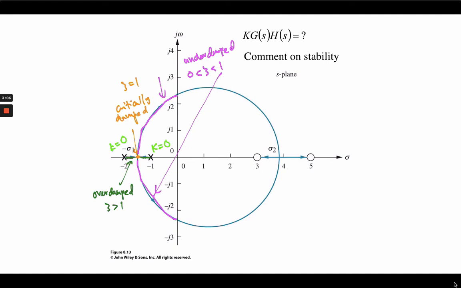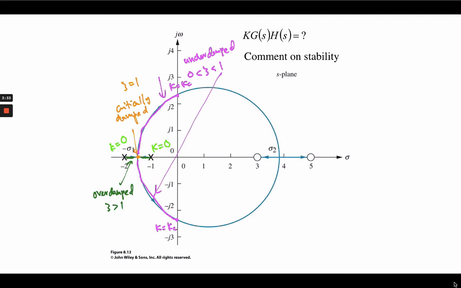The system is stable at this moment from k equals 0 until, let's say, at this point, we give it a name, kc. At this point as well, k equals kc.